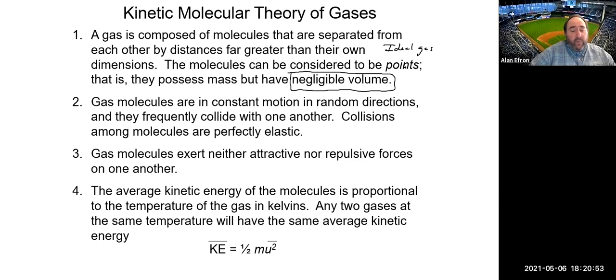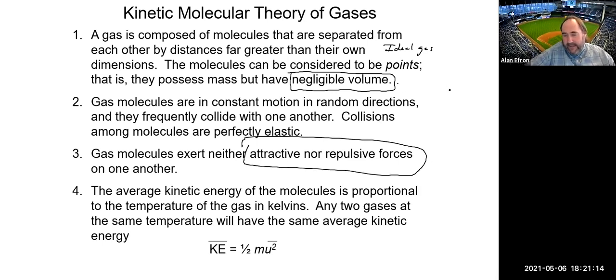And number three really is the second part of what makes something an ideal gas: gas molecules don't exert any attractive forces or repulsive forces upon one another. So these two are basically what makes something considered an ideal gas.